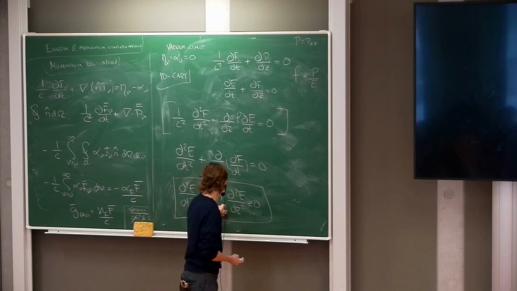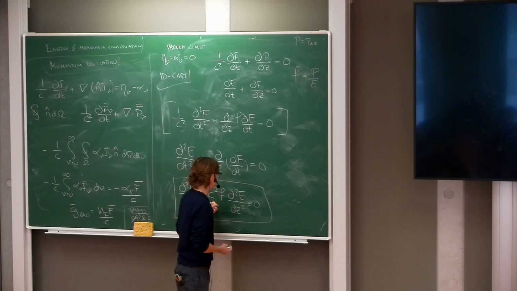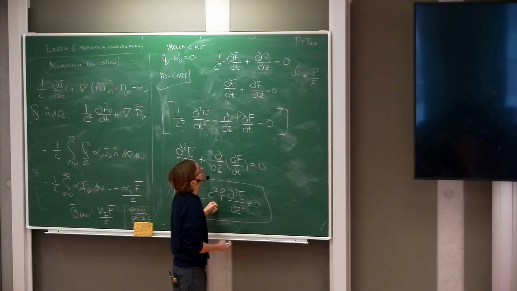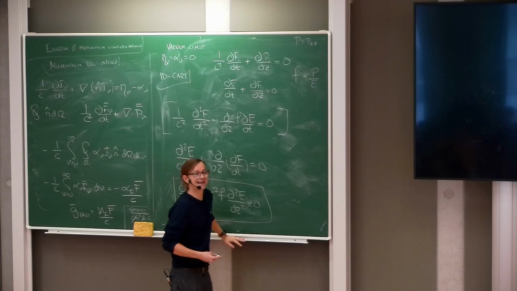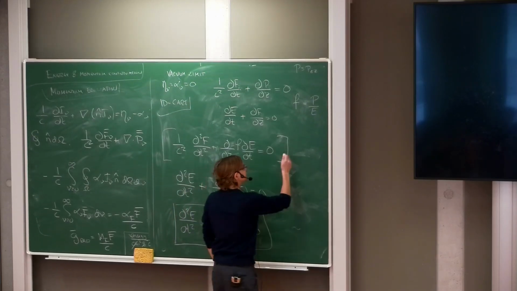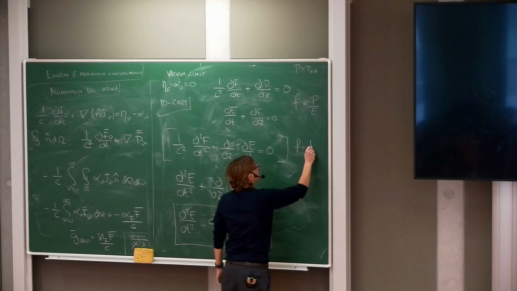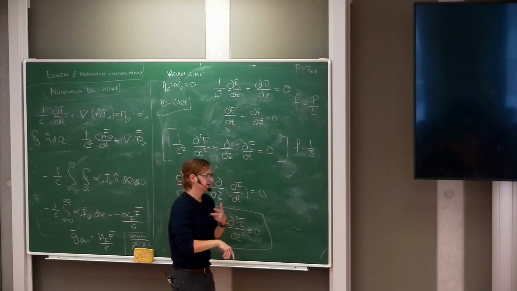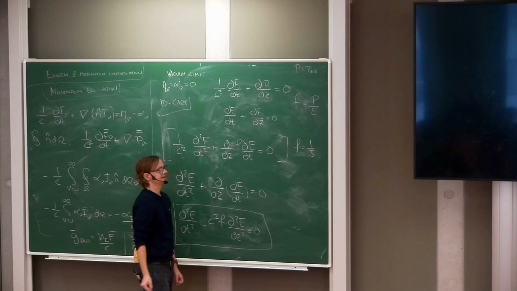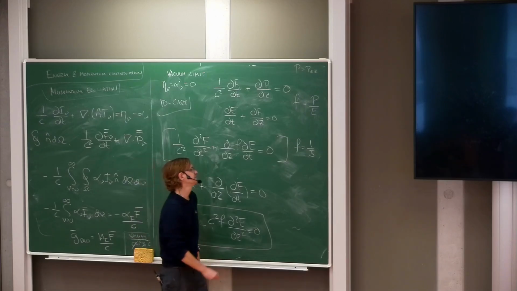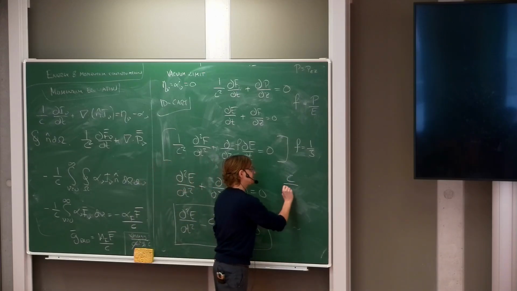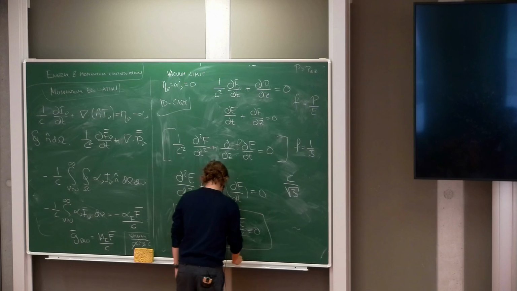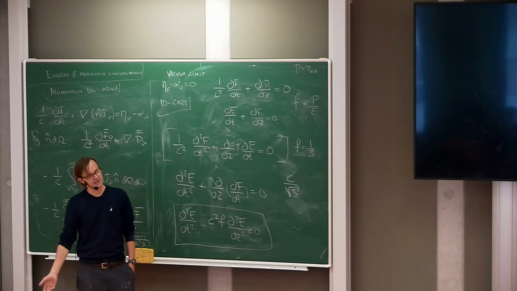Now interestingly, in this equation, you can see that if you plug in the equilibrium value, which we know is 1/3, again, we go back and we learn this, then you see that the wave speed comes out to be c divided by square root of 3.